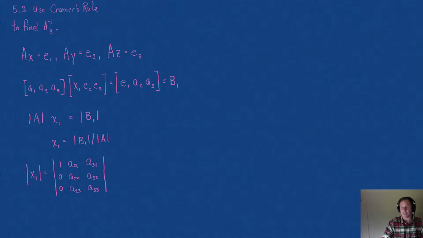Now, here's something interesting. Watch this. When I take this determinant, I'm going to have a 1 times my first cofactor, C11. And then I'm going to have a minus a12 times the second cofactor, C12. Then I'm going to have a plus a13 times C13.